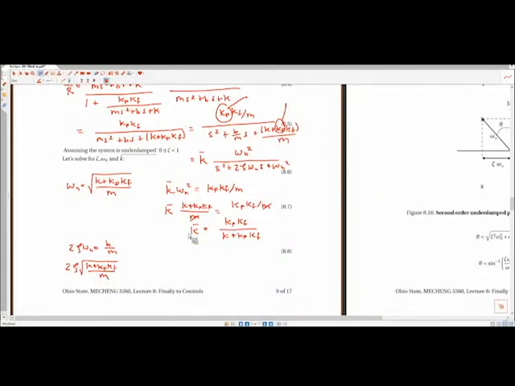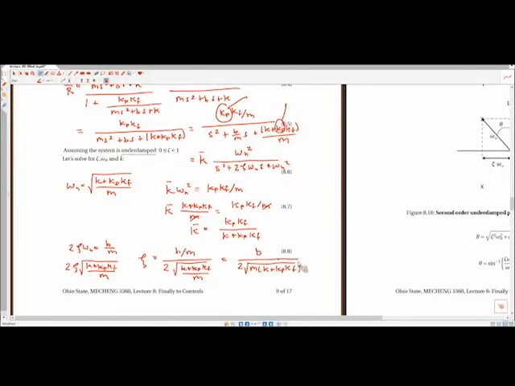And then you can simplify this to be zeta is equal to b over m, to natural frequency, and then simplifying even further, okay, gives us this expression.